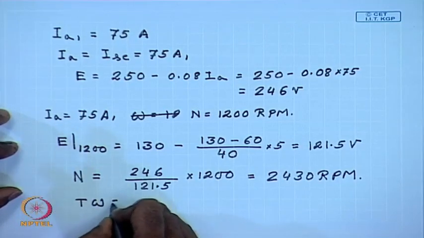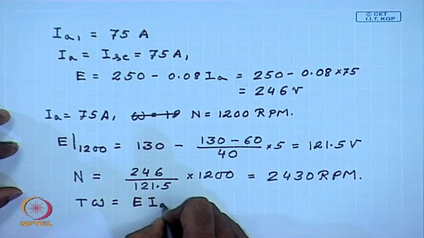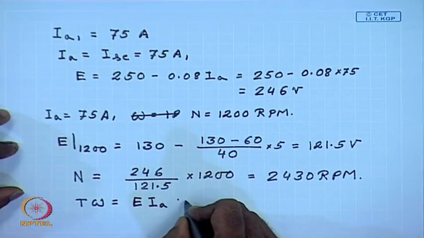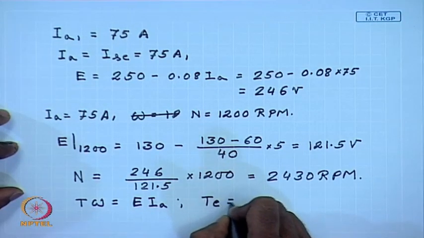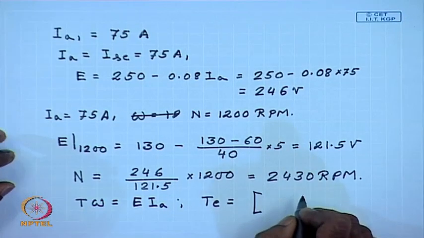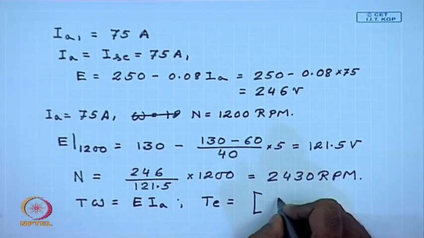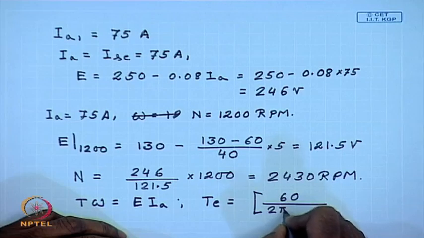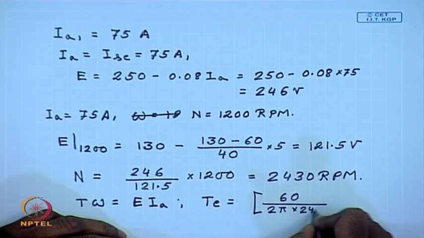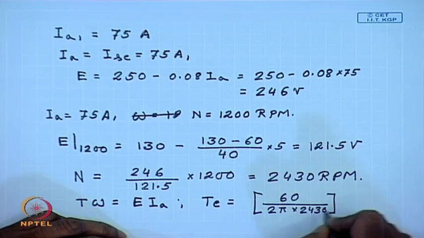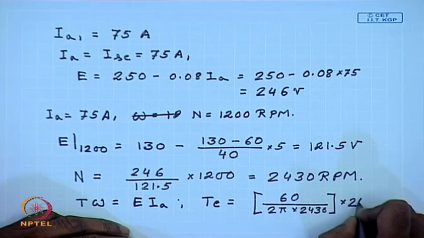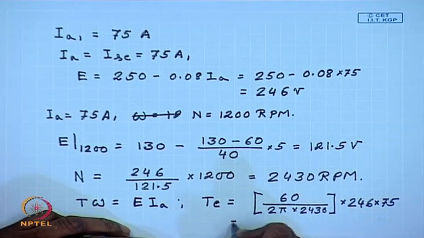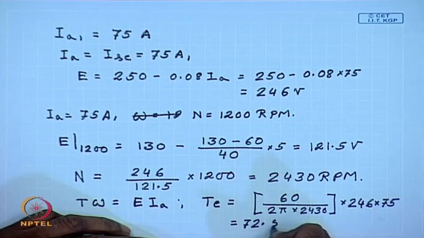T omega equal to E Ia. So torque will be equal to 60 by 2 pi into 2430 into 246 into 75, this gives 72.5 Newton meter.